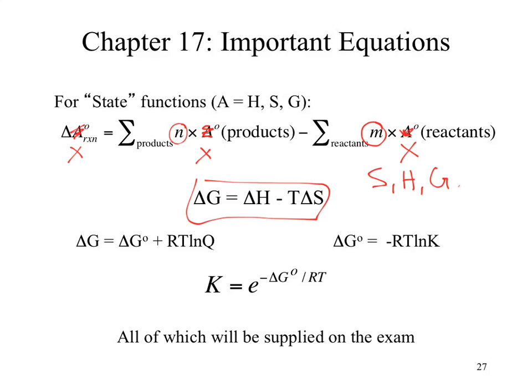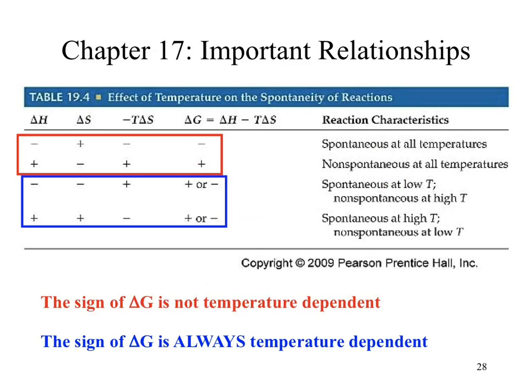If it doesn't cancel out, then you did something wrong. Your units can solve or show you that you were wrong. We did talk about the important relationships. These are critical to have memorized in getting through this class, or know how to manipulate that delta G equals, know how to manipulate this guy.